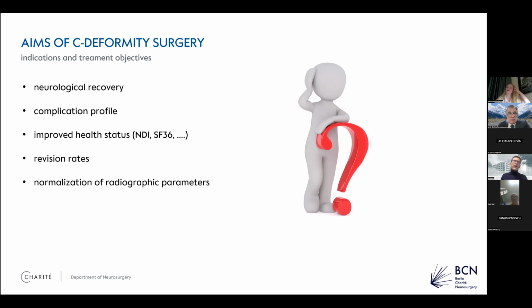Are we trying to reduce our complications? Are we going for quality of life? Are we including PROMs if we are assessing the patients? Or are we saying the patient should be happy that his myelopathy is not progressing? Is our aim to have as little revision rates as possible? Or are we aiming for normalization of the radiographic parameters, of the angles and measurements that I've shown you?